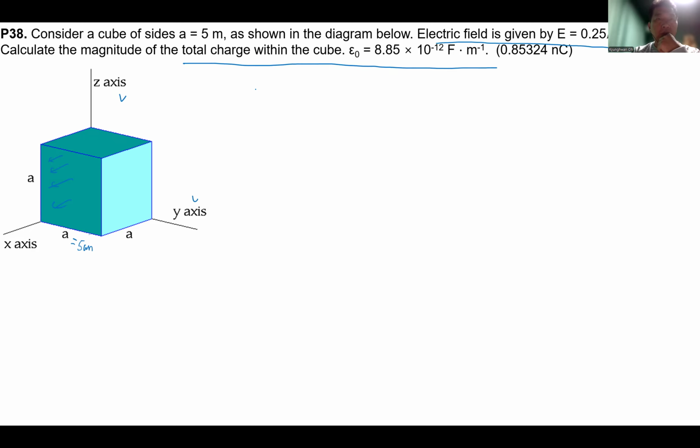Okay, so in this case, we have the vector E known, and then we have the enclosed surface known, which rho is known.